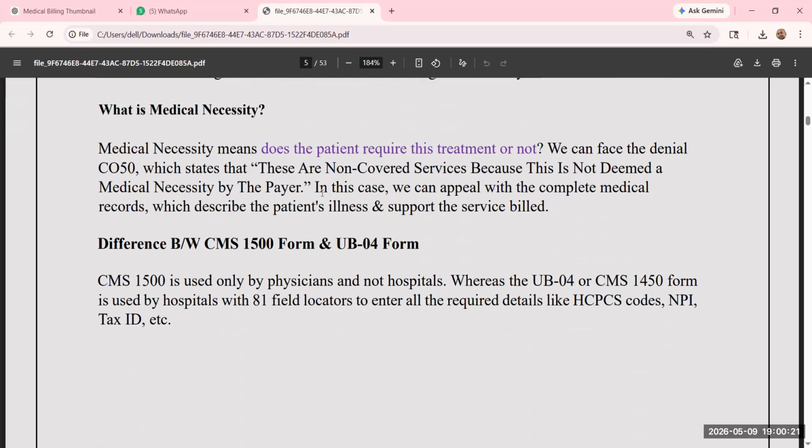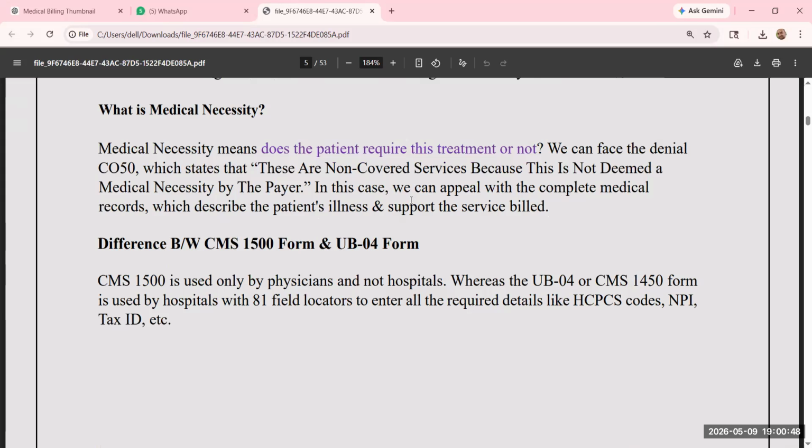In this case, we can appeal with complete medical records describing the patient's illness in support of this service. For example, a patient comes with a fracture on the right hand and the physician gives treatment for the fracture. That condition supports the treatment of the fracture care.